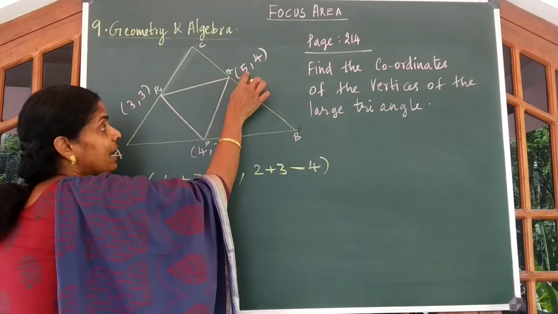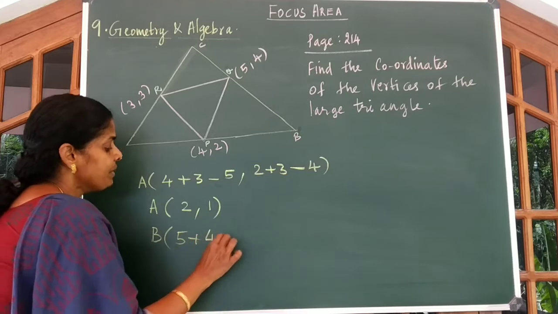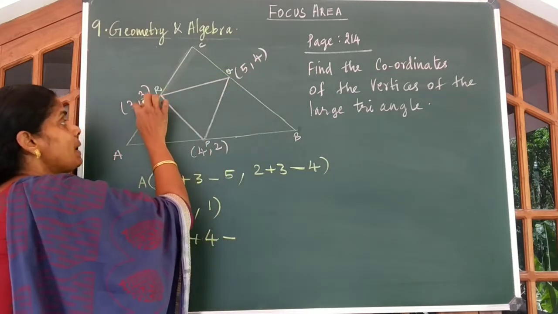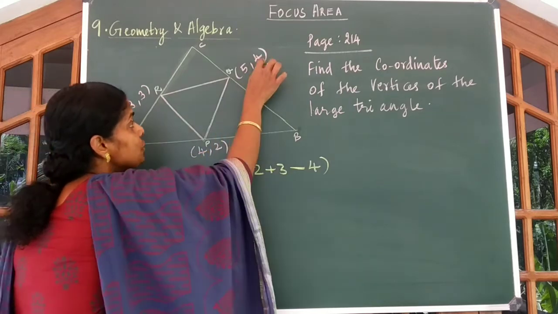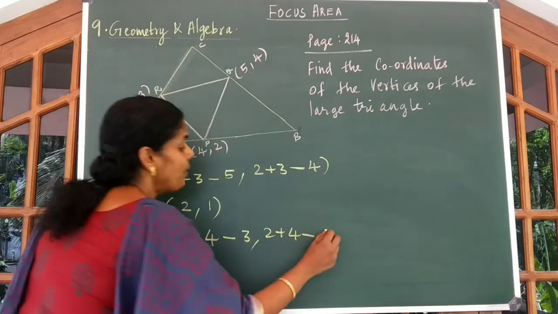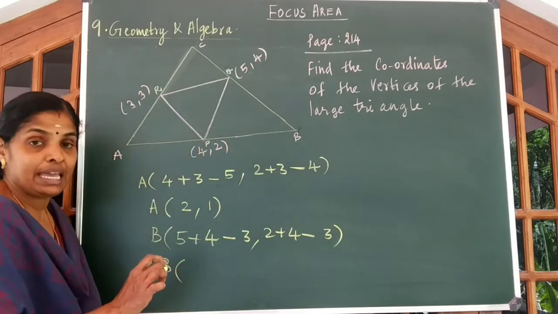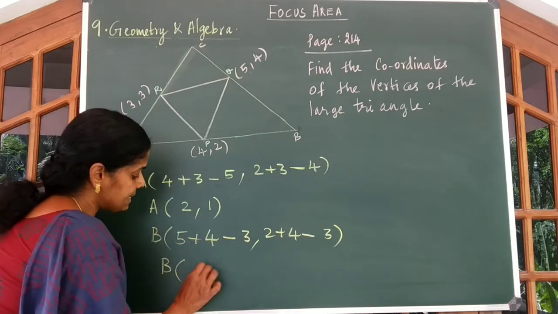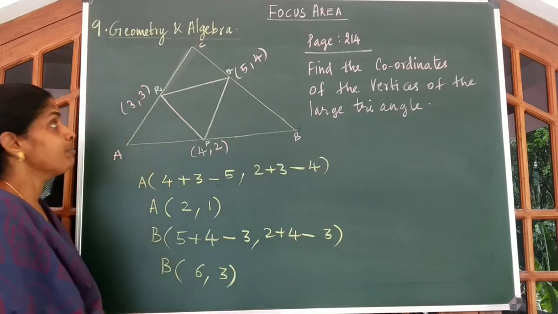Here you have the diagonal as 5 plus 4, from which we have to subtract 3. Similarly, add 2 plus 4 and subtract 3. So we get the coordinates of B as 9 minus 3, which is 6, and 6 minus 3, which is equal to 3.